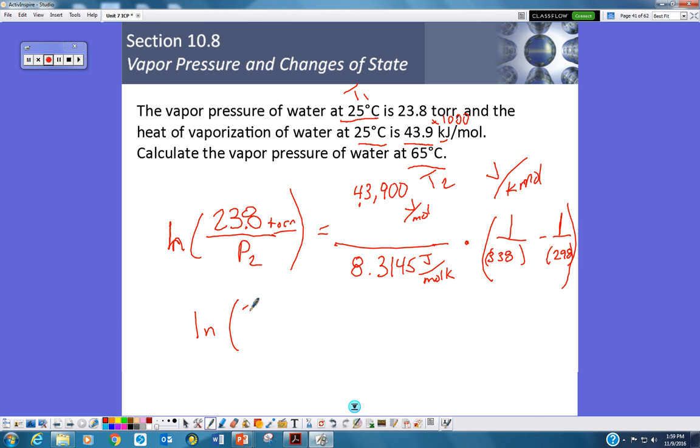So we end up with the natural log of 23.8 divided by P2 is equal to what? What do we get on the left side?